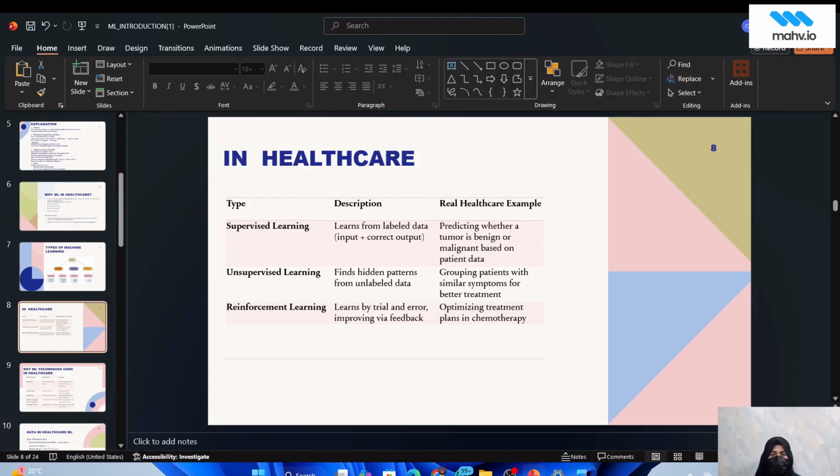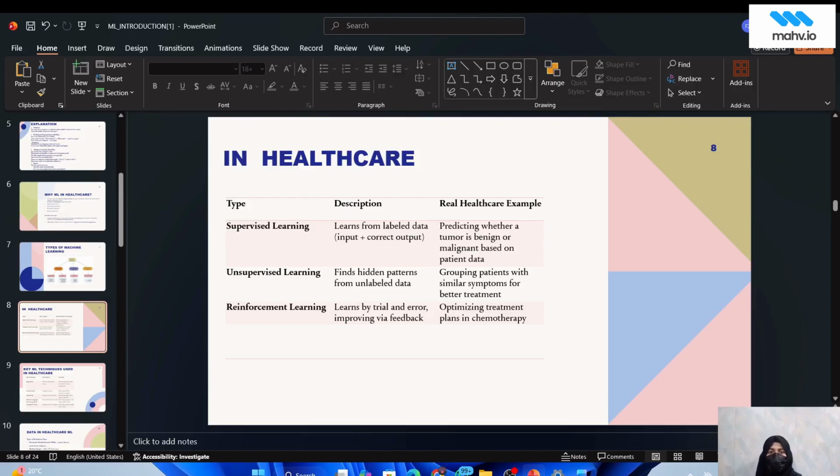Then there is reinforcement learning, which learns by trial and error, improving through feedback. In reinforcement learning, your model learns from experience, that is, reward and penalty. An example is optimizing treatment plans in chemotherapy.